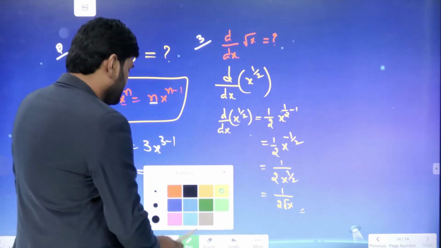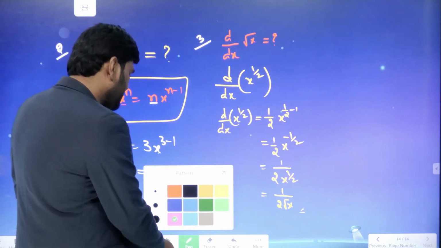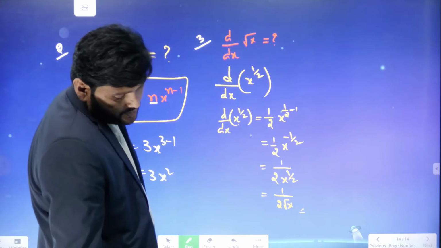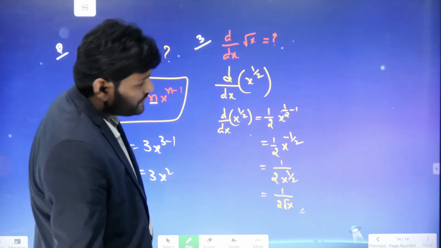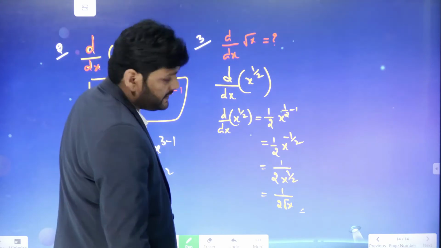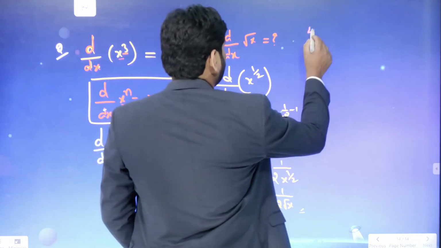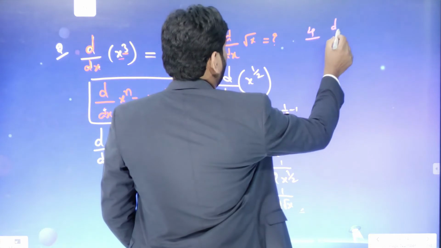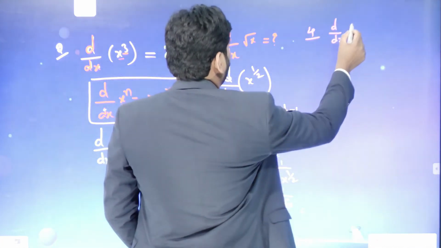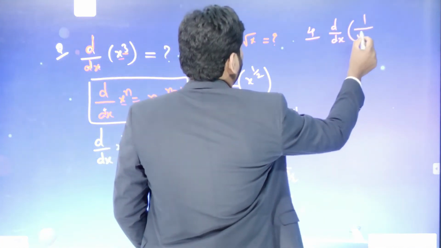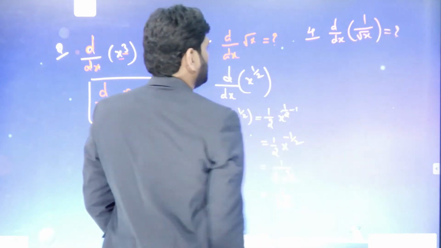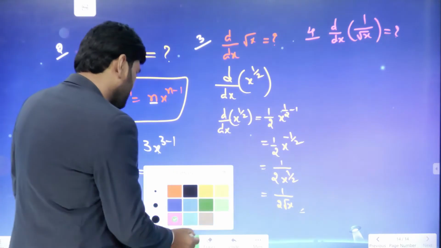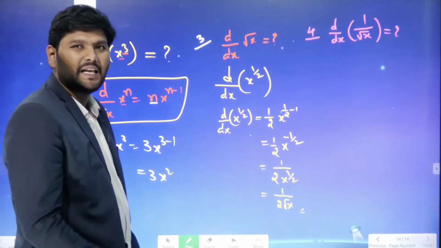In a similar manner, solve one more question. Now d by dx of 1 by root x. Now the fourth question is d by dx of 1 by root x. This is your question. Now how do you solve this question? Easy, the same kind.